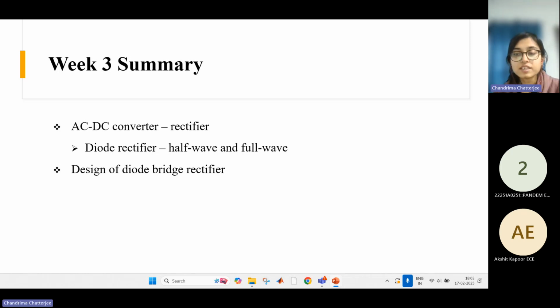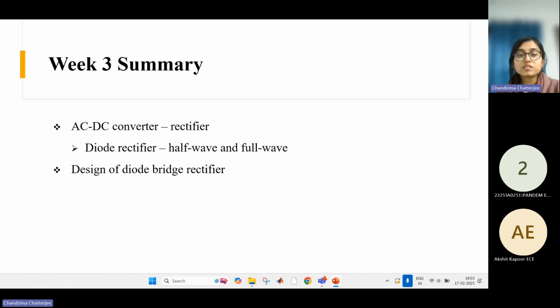Today we will be starting the AC-DC converter, which means the converters which basically convert AC waveforms to DC waveforms, and those are called rectifiers, right? We shall start with the most basic rectifier circuit, and gradually we shall go to some advanced level circuitry as well.